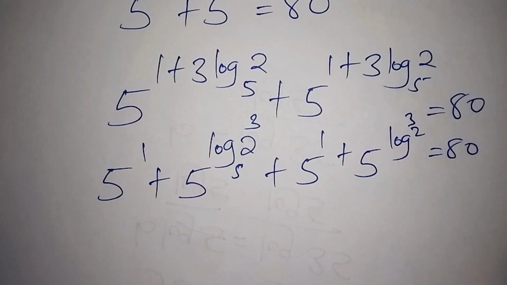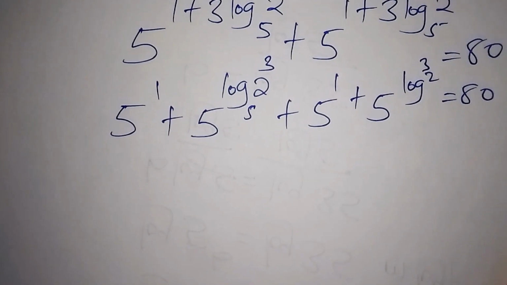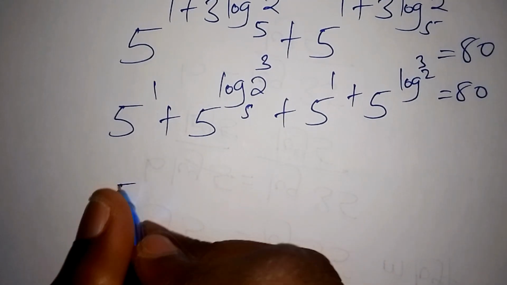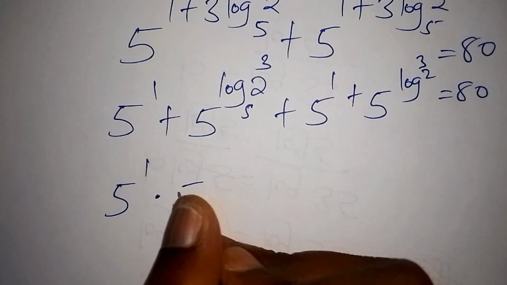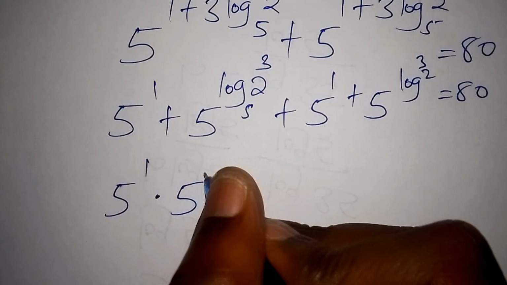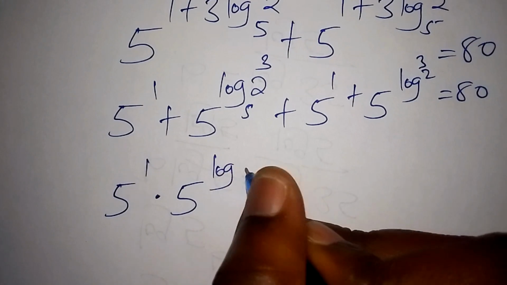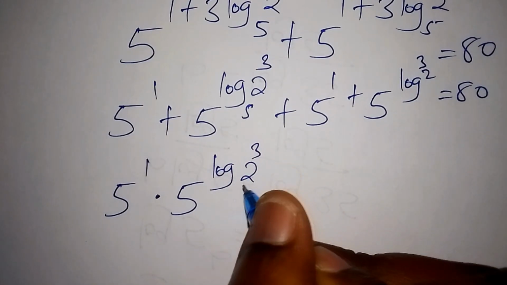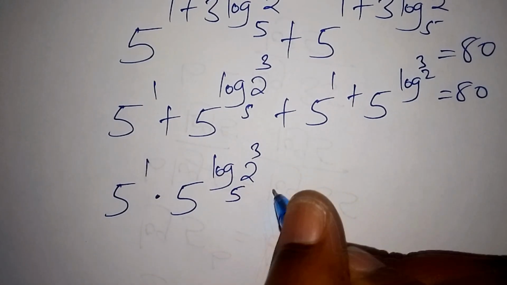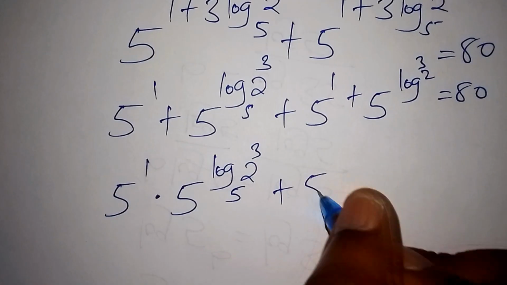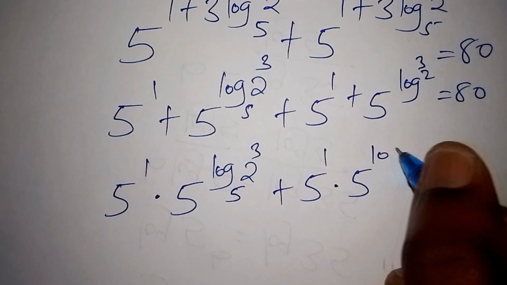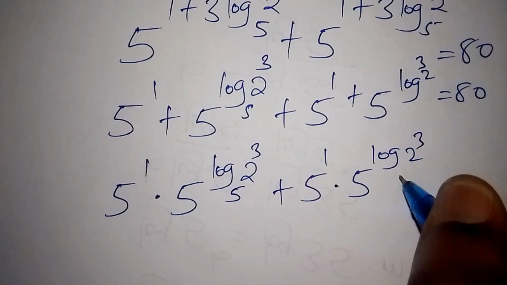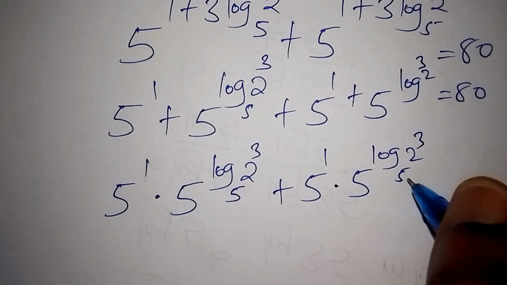So the plus in this case shall change to multiplication. So we shall have 5 to the power of 1 multiplied by 5 to the log of 2 to the power of 3 to the base of 5, plus 5 to the power of 1 multiplied by 5 to the log of 2 to the power of 3 to the base of 5, is equal to 80.